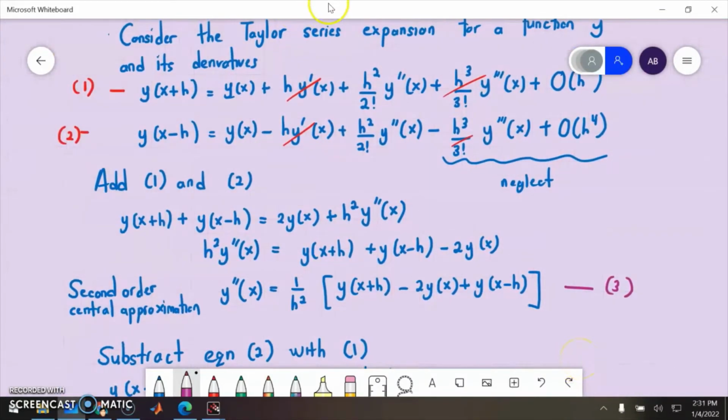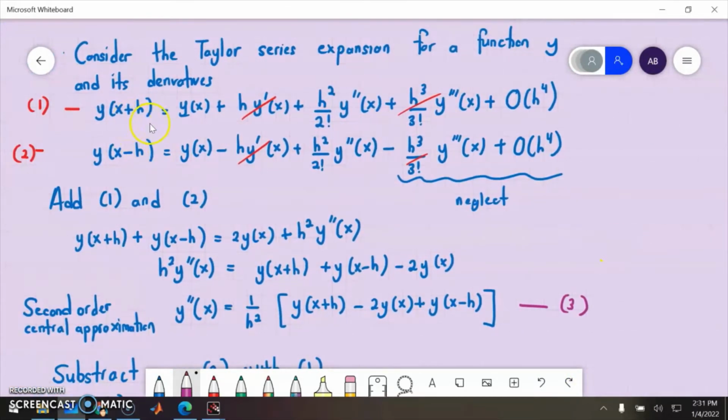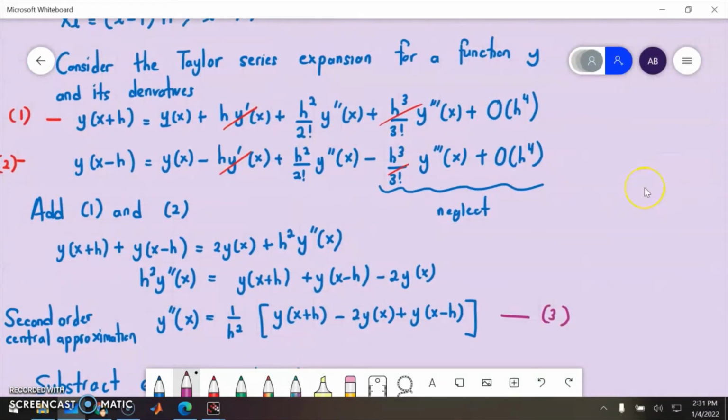So if I just consider, I'm just going to write it here. See, I have y(x+h) equals y(x) plus h. If I just consider up to the first derivative in this equation, look at the first equation here, y prime x times h equals the rest, minus y(x).